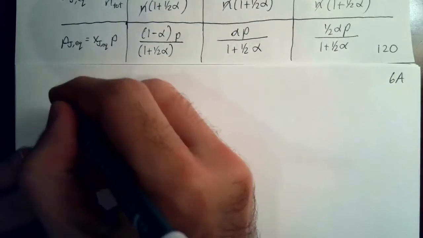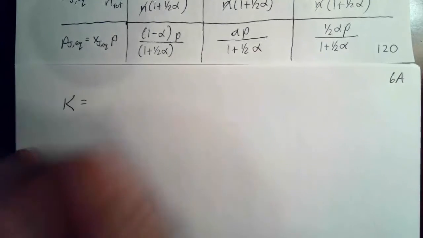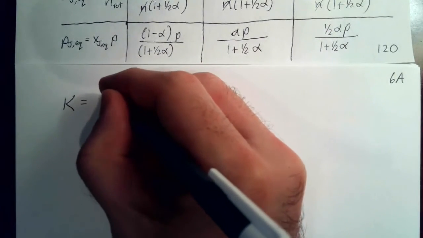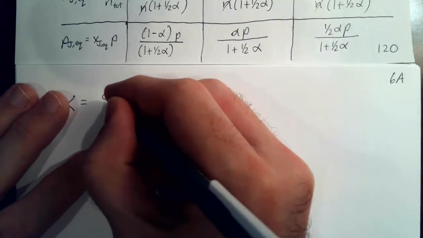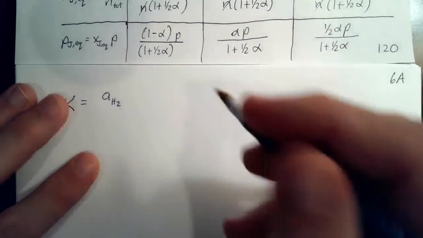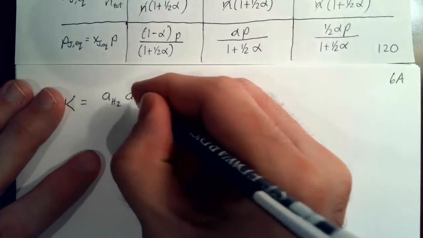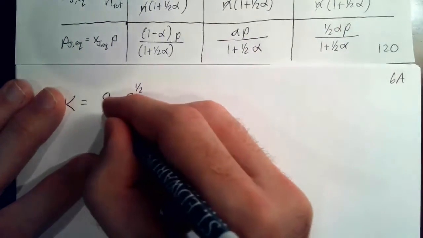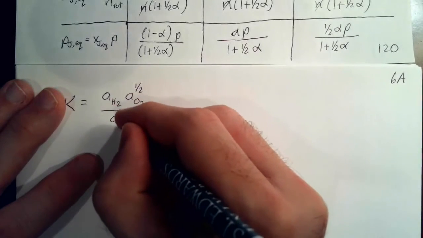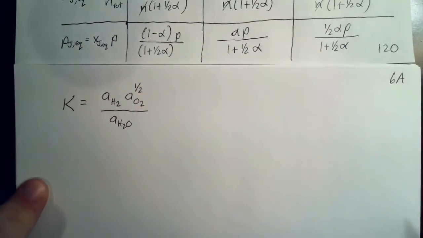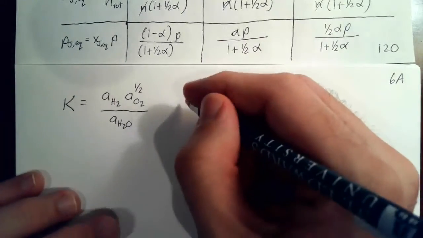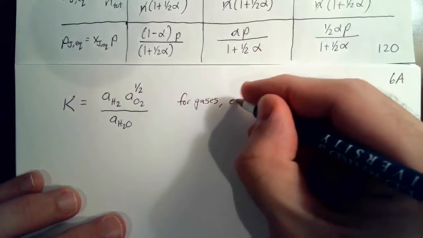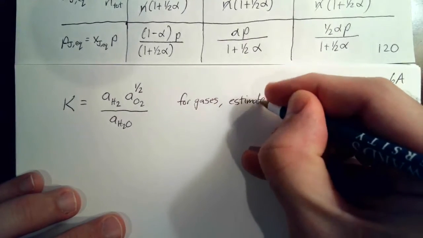All right, so remember that K can be found from the activities. In this case, it would be the activity of H2 raised to the 1 times the activity of O2 raised to the 1/2 divided by the activity of H2O raised to the 1. And remember that for gases, we could estimate the activities using the partial pressures.